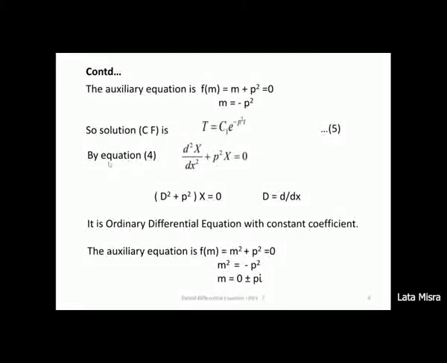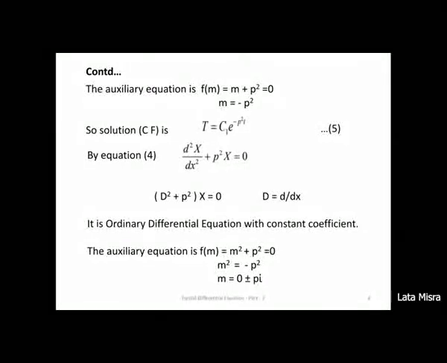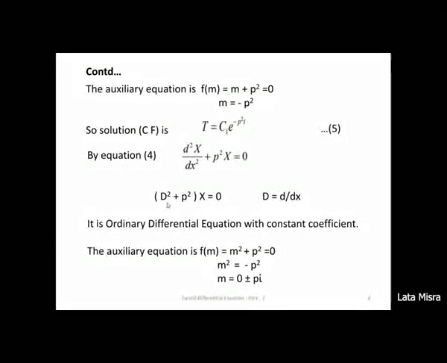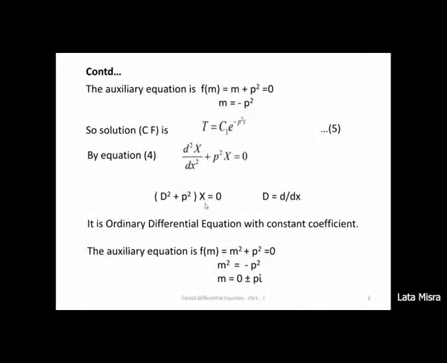Now again move to the next equation, d²X/dx² plus p square X equals 0. So we replace d/dx by capital D. We have (D square plus p square) X equals 0. It is also an ordinary differential equation with constant coefficients.